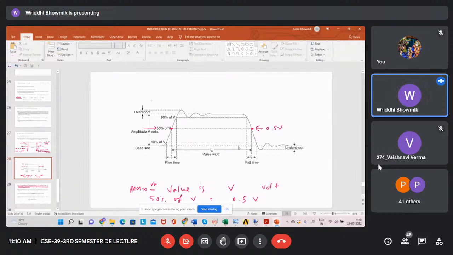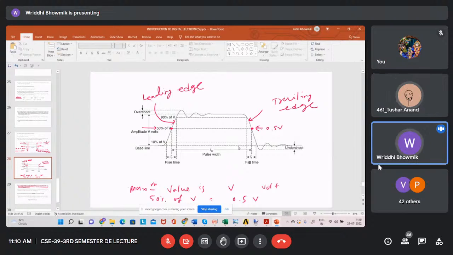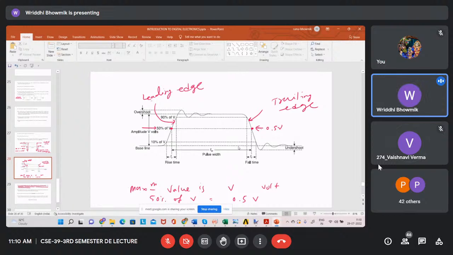If you check the rising edge, this is the leading edge. And this is the trailing edge. So first you need to point out the 50% of V on the leading edge as well as on the trailing edge.